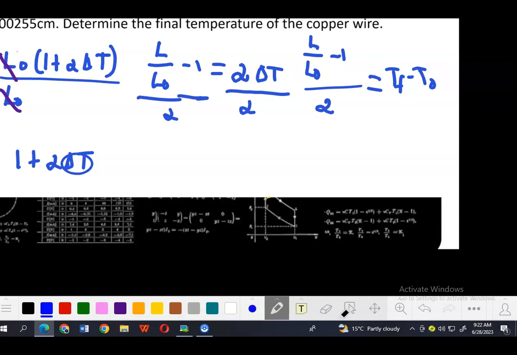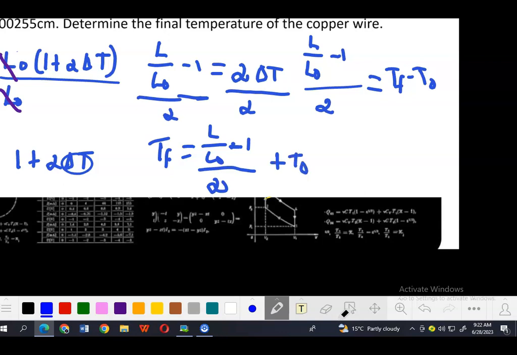So the final temperature, which will be represented as Tf, is nothing but L minus L naught divided by L naught minus 1, and all this divided by alpha, then plus T naught.